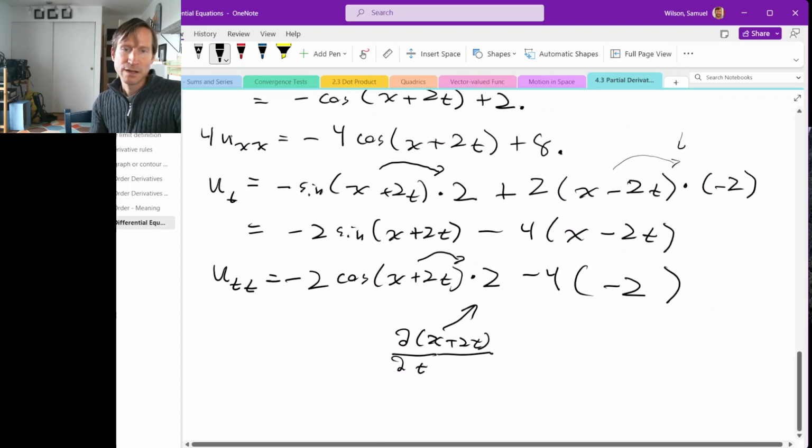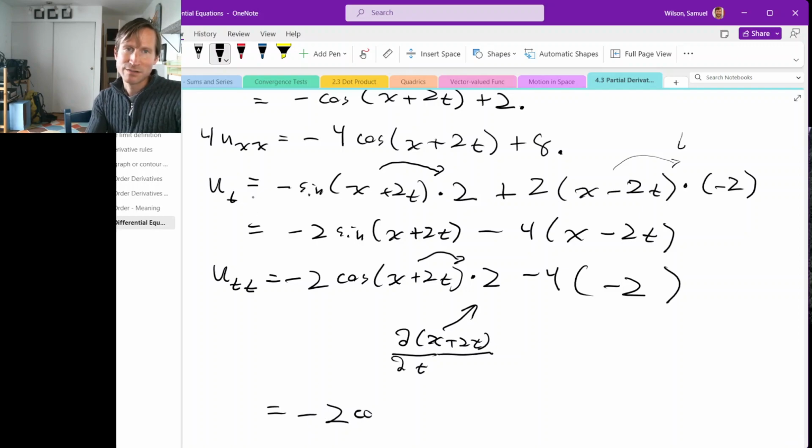Putting this all together, u sub tt is minus 4 cosine of x plus 2t, plus 8.